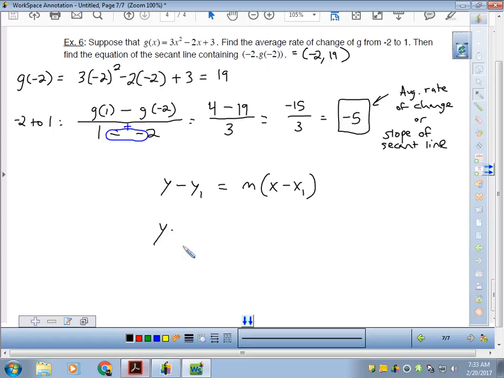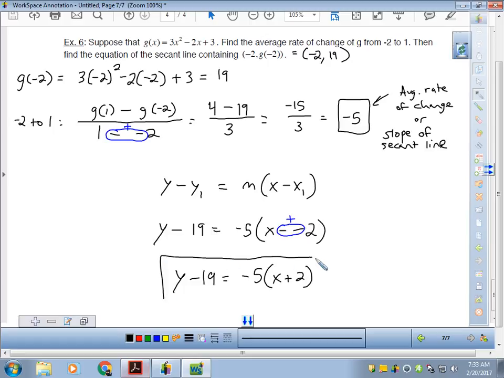The y of our point is 19, equals, what is our slope? The slope we just found was negative 5 times x minus the x of our point, which is negative 2. And again, here you have minus a negative, so that's really a plus. So our final answer would be y minus 19 equals negative 5 times x plus 2.